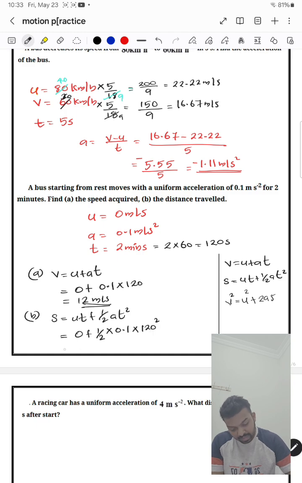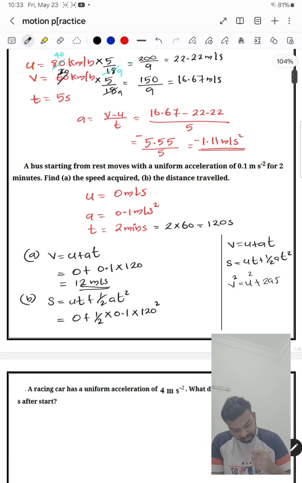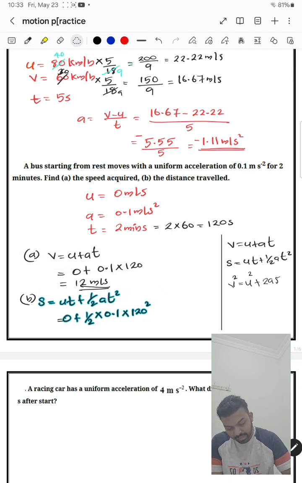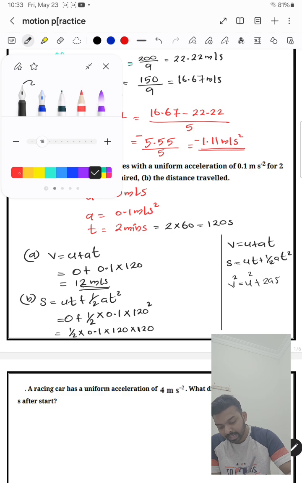I actually suggest one thing here: without going for the proper multiplication of squaring, it will be better if you just rewrite the things. So it is half into 0.1 into 120 into 120.